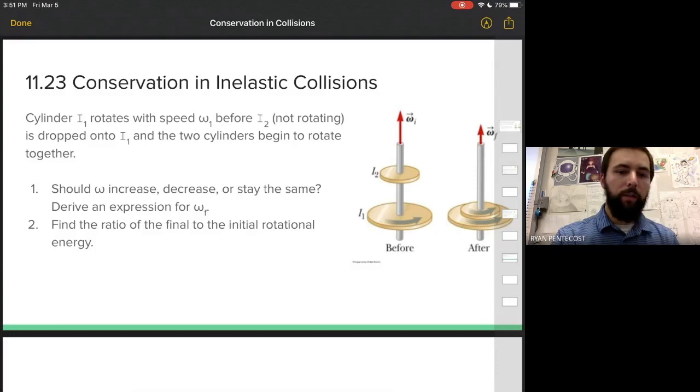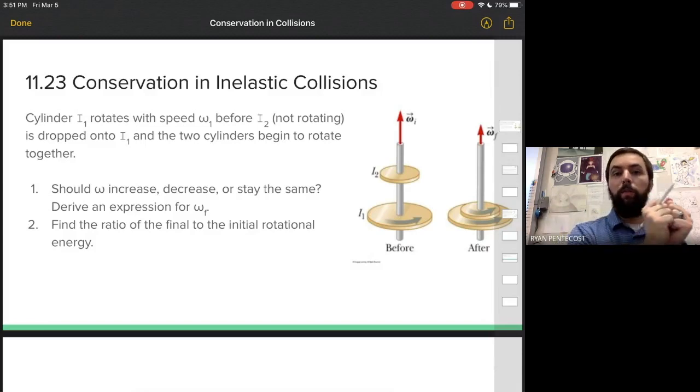So it first asks, should omega increase, decrease, or stay the same? And then it asks us to derive an expression for omega final. Intuitively, omega final is going to have to decrease, from our knowledge of linear momentum. Imagine one object that is moving hits a stationary object.